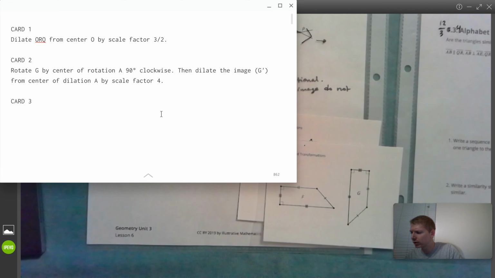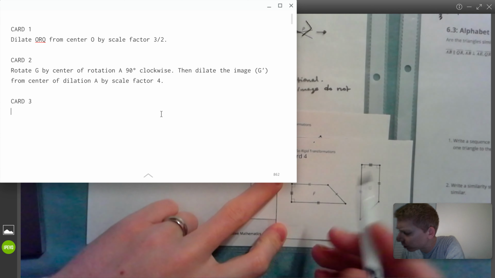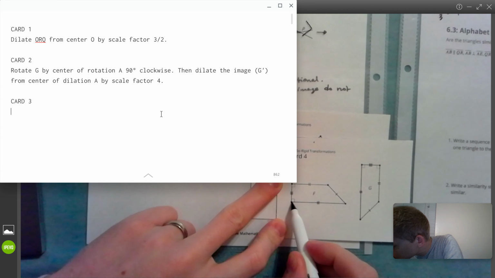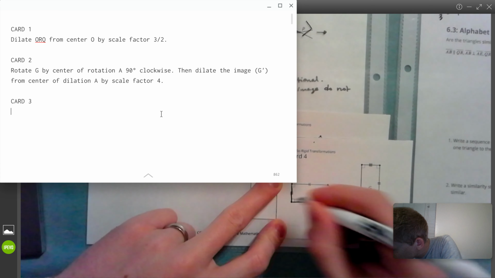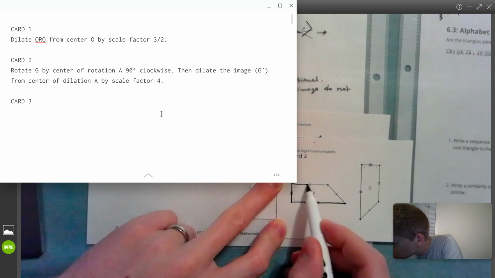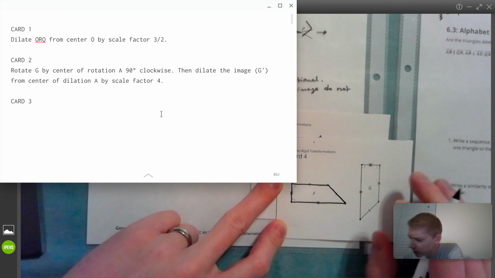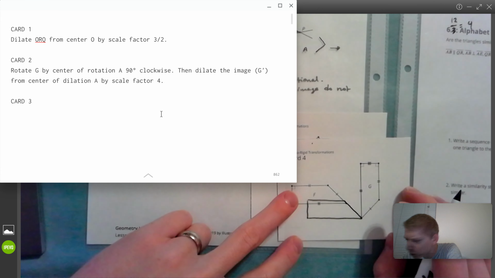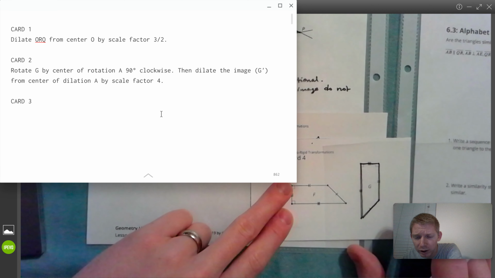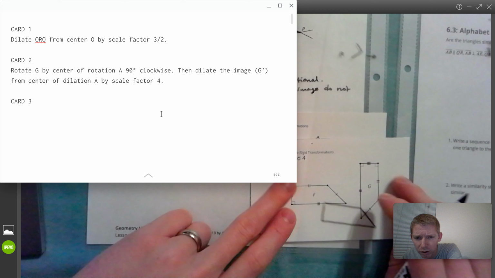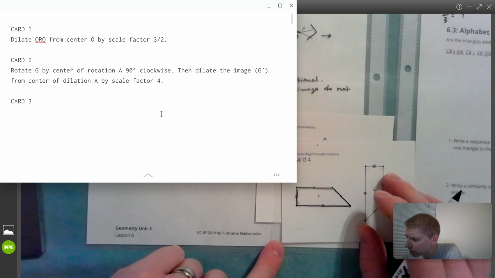For this one, it looks like we're going to need a translation and a reflection, but since these figures are congruent, then it looks like we won't need any dilations for this one. Okay, so I'm thinking a translation and then a reflection would work really nicely here. And I'm thinking, let's actually do this one up here.